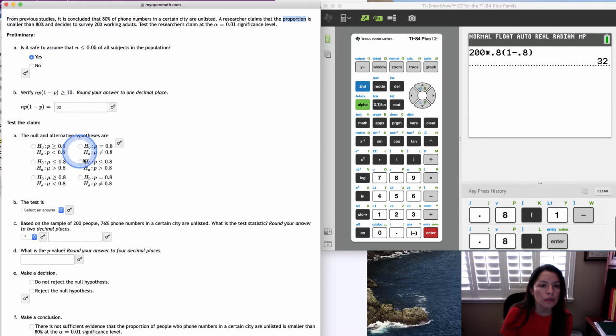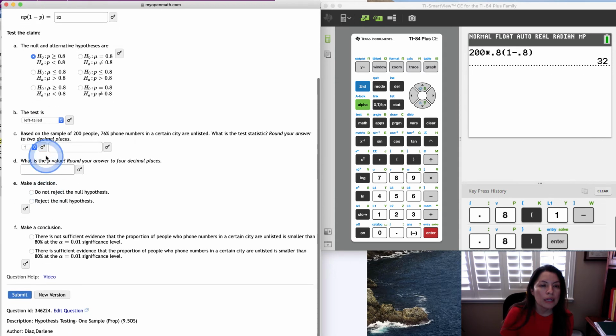So the alternative should be smaller, meaning less than. So it should be this first one. Now, notice that the null is greater than or equal to only because it's status quo. It's either going to be less than the 80% or otherwise more than status quo, right? And so that means, because it's less than, the test is left-tailed.